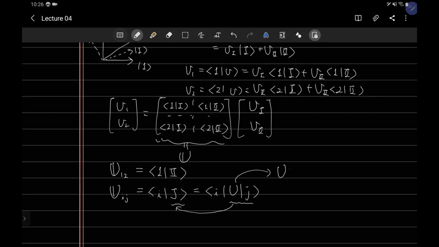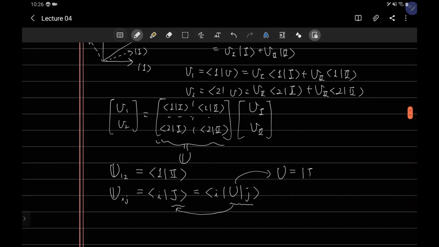If we define U in the form of the outer product of the vector in the new basis, the Roman numeral basis, with the vector in the original Arabic basis, and so forth, and we add all of these outer products together, then if I just apply the ket vector on here, only the j component, the j part, will survive, and everything else will just disappear because they are orthogonal to each other.